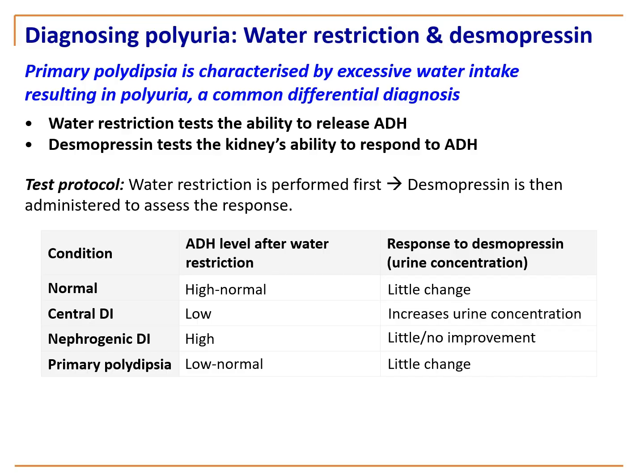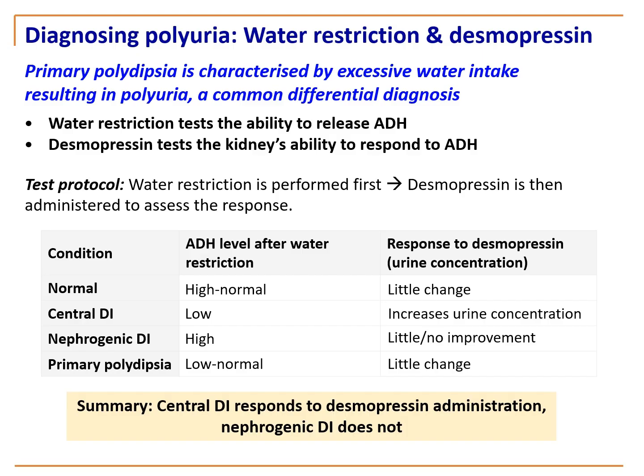Following desmopressin, there's little additional effect because the ADH that is being made naturally is doing the work already. So really, normal and primary polydipsia, you can see them, they might be high normal and low normal, but in essence, they're both fairly normal because the physiology is working absolutely fine.